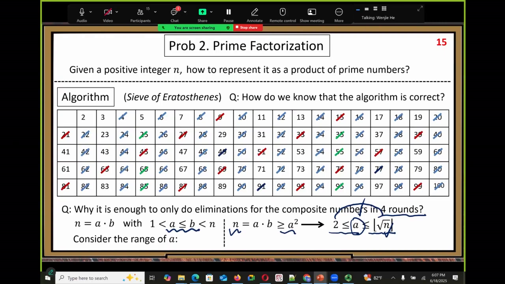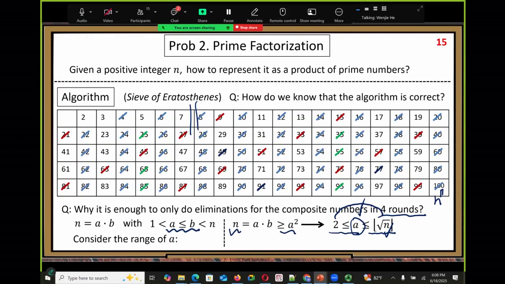So this is the new property. At the beginning, we didn't know it, and now we discover it. Then we can use this property to explain why we can stop right after 7. Let us look at the range for A. Because N equals 100, the largest number in our table, the root of 100 is 10, an integer, so the floor is also 10.